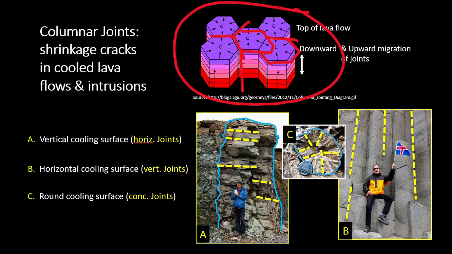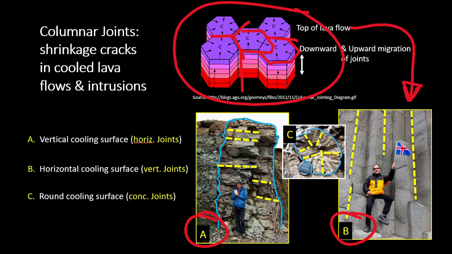And they help define, in the case of the top diagram, vertical columns that would look somewhat similar to that right-hand photograph. So that's B. In A, we're looking at a vertical intrusion defined by the blue line.